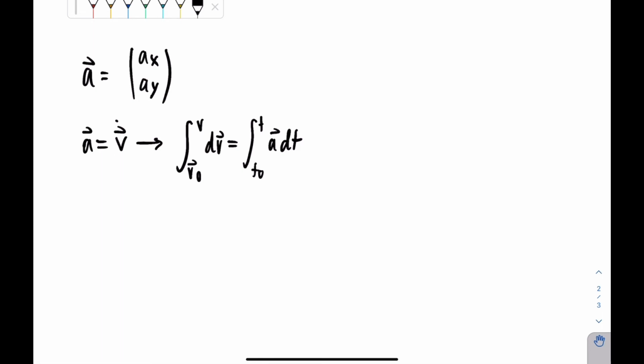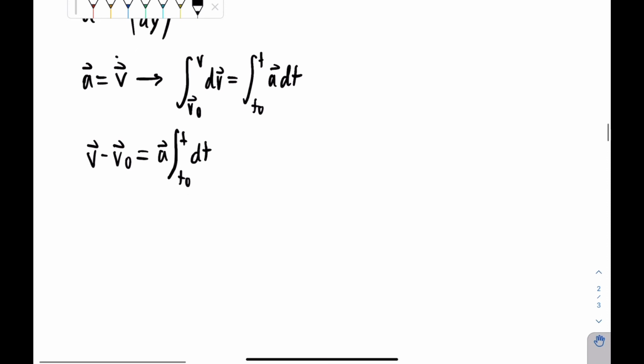Now we will get the expression that v minus v naught is equal to a times the integral between t naught and t dt. Thus, we get the equation v minus v naught is equal to the acceleration vector times t minus t naught.